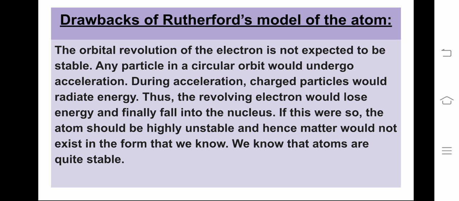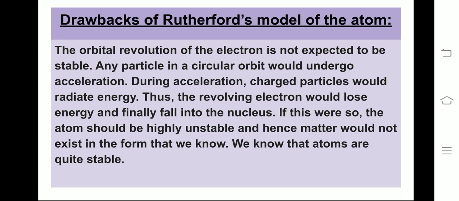Drawbacks of Rutherford's model of the atom. Although Rutherford gave a proper explanation about the presence of the nucleus inside the atom, there were certain drawbacks also. According to Rutherford, the electrons revolve around the nucleus in circular paths.